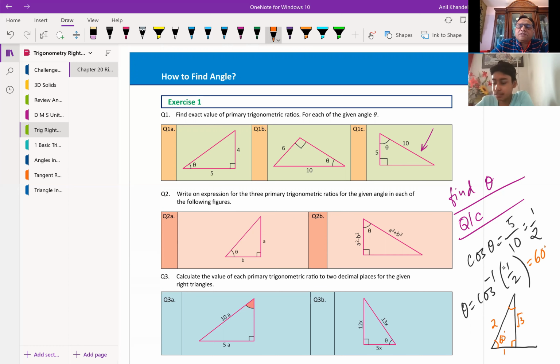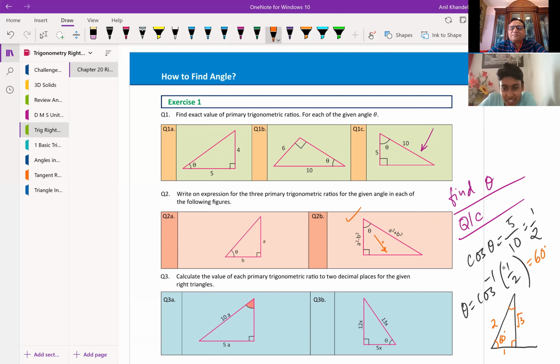Now, here is a very interesting question right there. So question number 2 is, write the expression for three primary trigonometric ratios. Now, can you tell me, in this particular case, what is sine theta? Sine theta would be the opposite side, right? Yeah. Tell me what is sine theta.